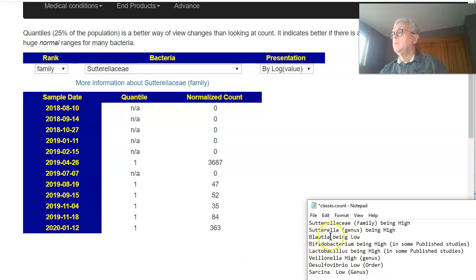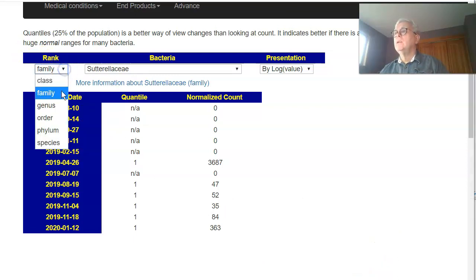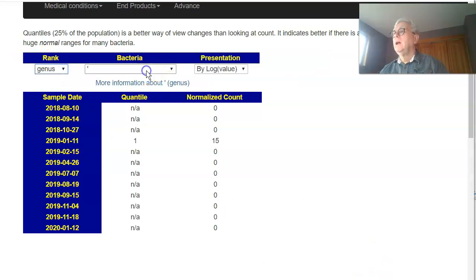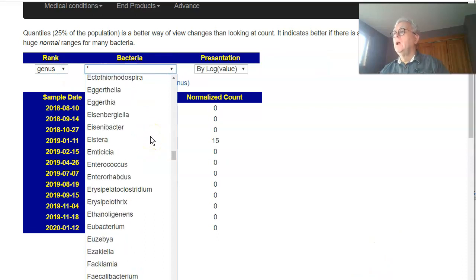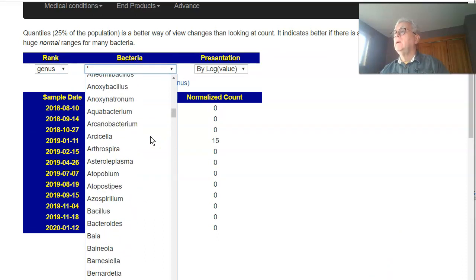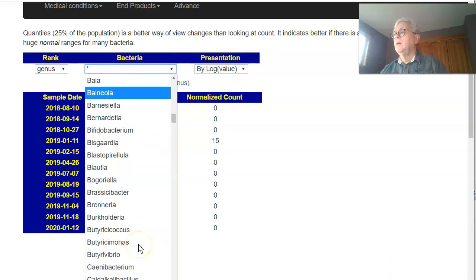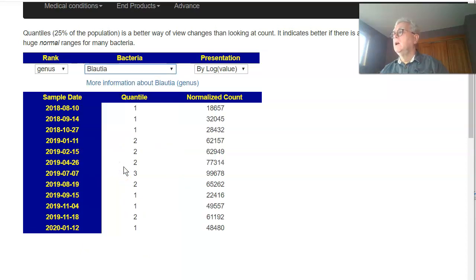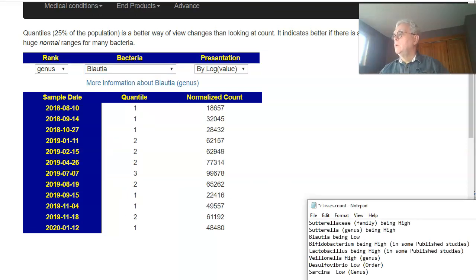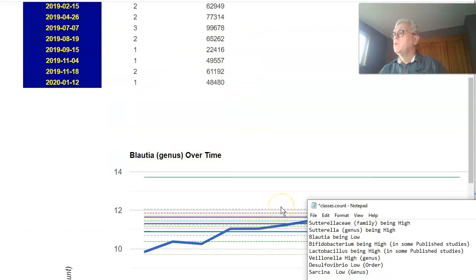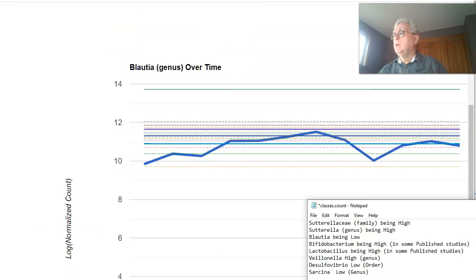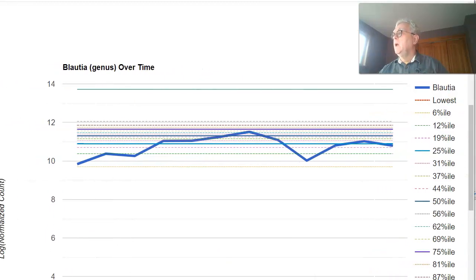Next one is Blautia, which is a genus. And we go down and find Blautia. And there we have our numbers. And generally it's low. 1 and 2 indicates low, and the bacteria is generally low. We can now scroll down further and see how the numbers are changing over time.